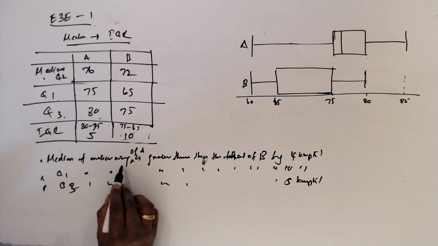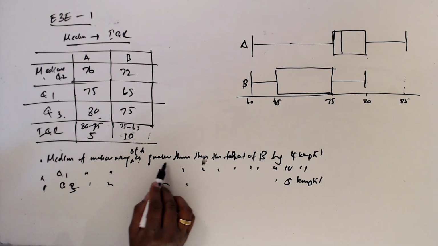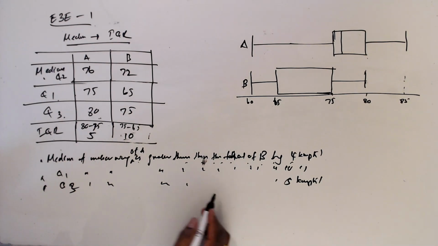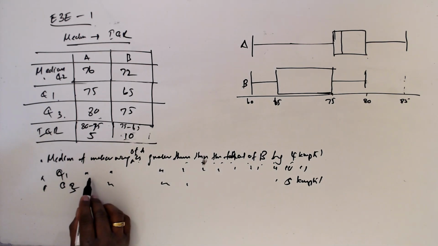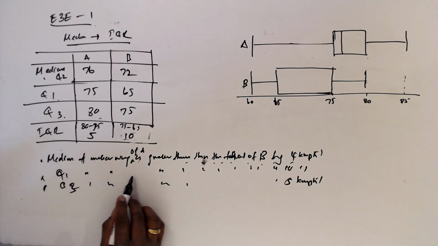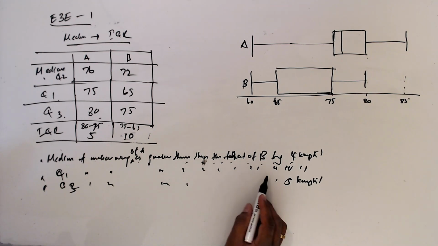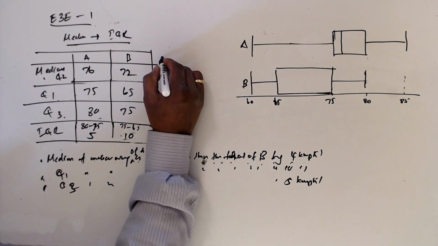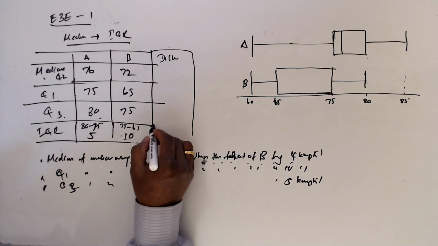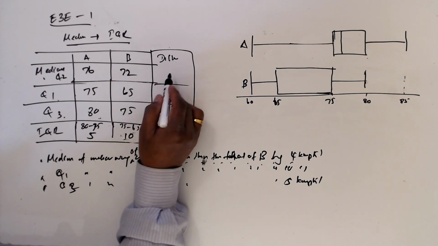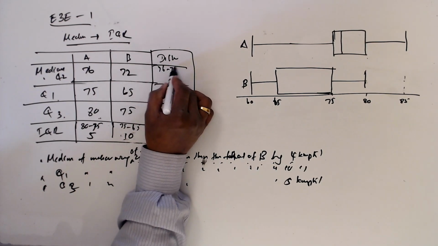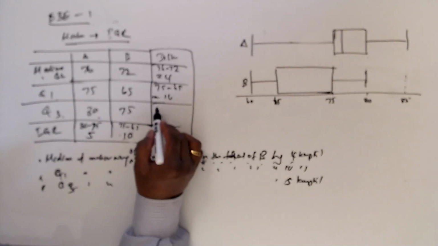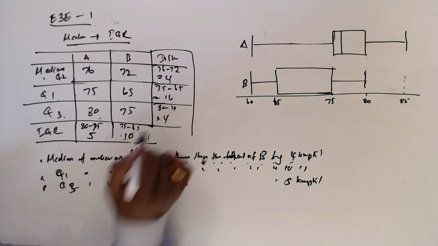The median of motorway A is greater than that of B by 4 kmph. The same thing I am following: the first quartile of motorway A is greater than that of B by 10. So the difference: 76 minus 72 equals 4, 75 minus 65 equals 10, 80 minus 75 equals 5.